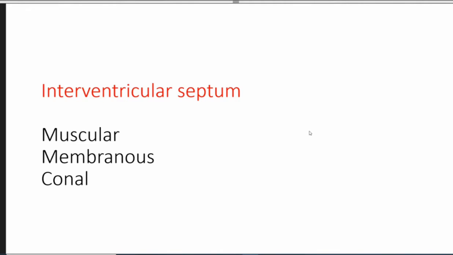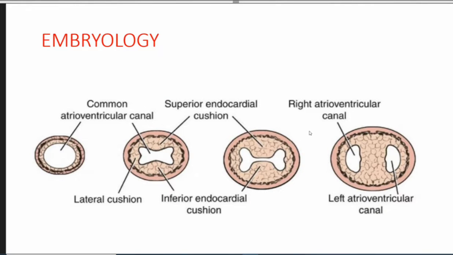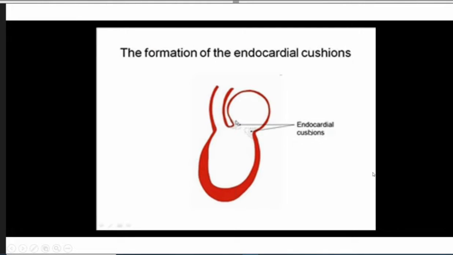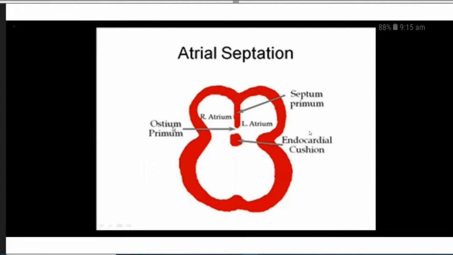All three components together form the interventricular septum. And the common atrioventricular canal is divided by the endocardial cushions, which have growths and indentations, which divide it into right and left atrioventricular canals.